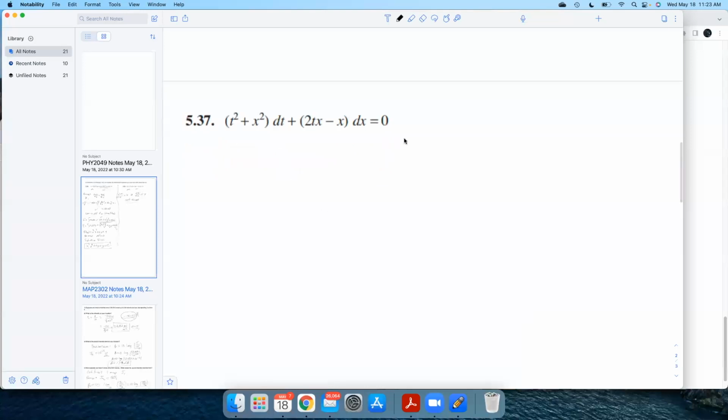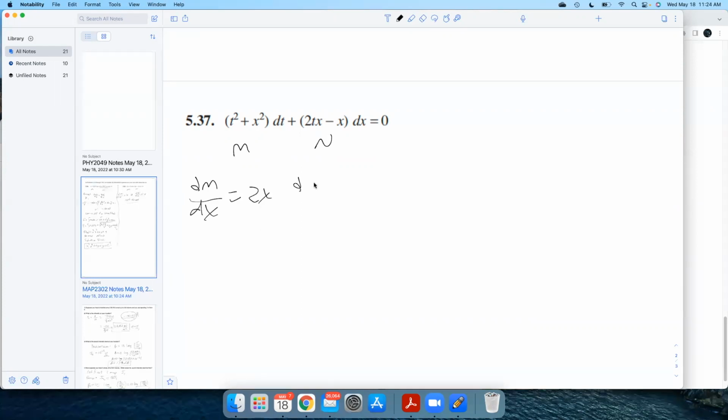Okay, what about this one? So here, we've got to be careful because now they've changed our variables up on us. We're using t and x. So if we call this guy M and this guy N, we want the partial of M with respect to the other variable, not the guy sitting beside him. So let's see, that would be 2x.